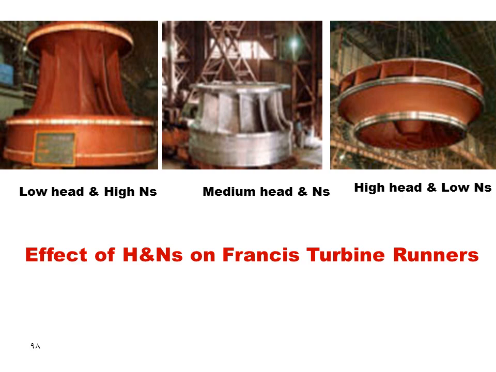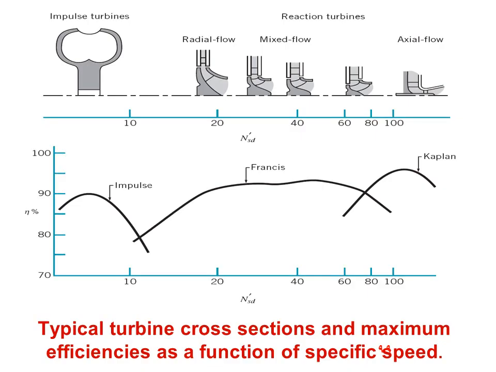In the middle we have a larger breadth, and on the left side we have a larger breadth, maybe larger than the mean diameter. This means the first one has a radial flow, and in the other two we have mixed flow runners.